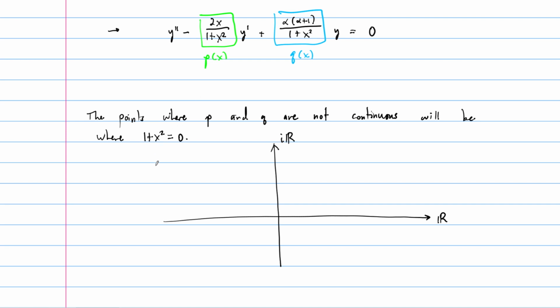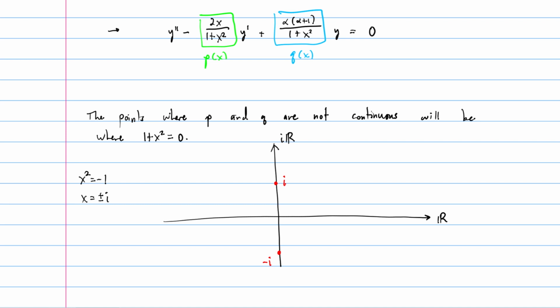Then you can plot the quote-unquote bad points, the problem points of this equation, right? This has two solutions: x is equal to plus or minus i. Those are the points that make this 0, right? And remember, in the complex plane, i and minus i lie 1 unit away from the origin on the imaginary axis.